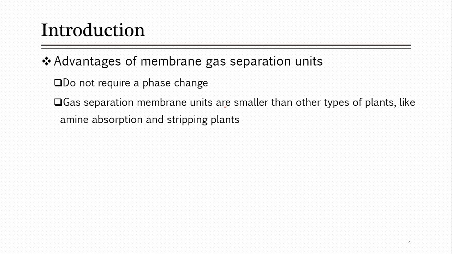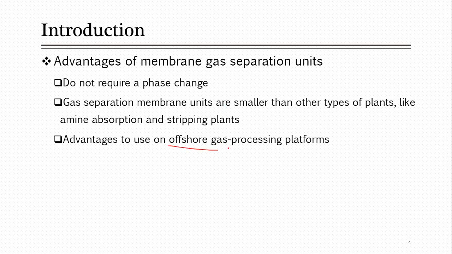These are small units, and when they are small, they can be used even for offshore gas separation applications, which are inside the sea. Actually, you know that a lot of gas and crude reservoirs are located inside the sea, and they are produced there, or they collect and take away that gas and crude.